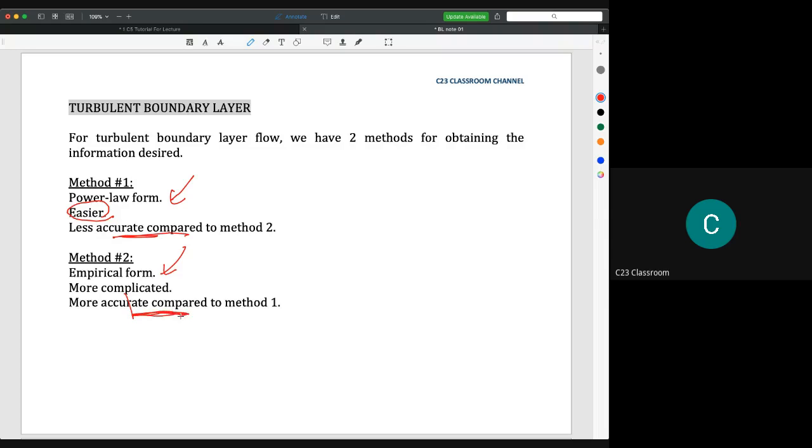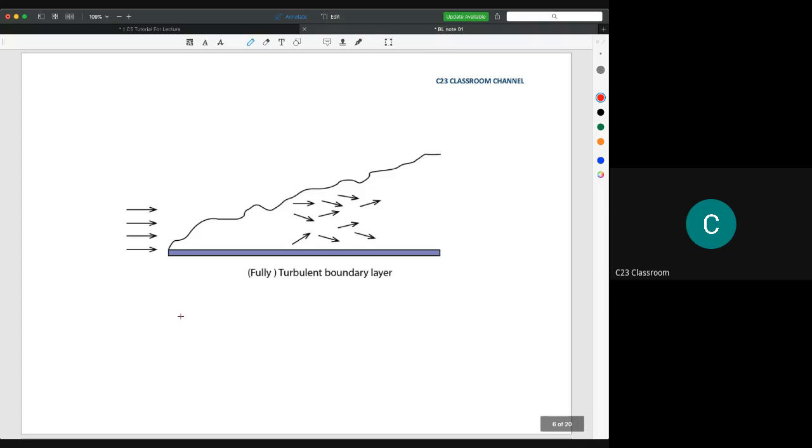So it depends on the application that we use. Sometimes the power law calculation is quite okay. It's an acceptable value for the analysis. Okay, so this is our assumption here.